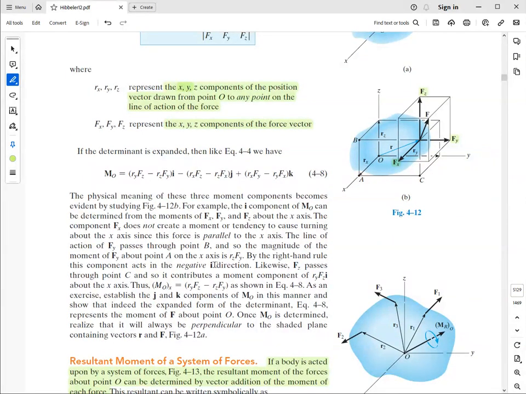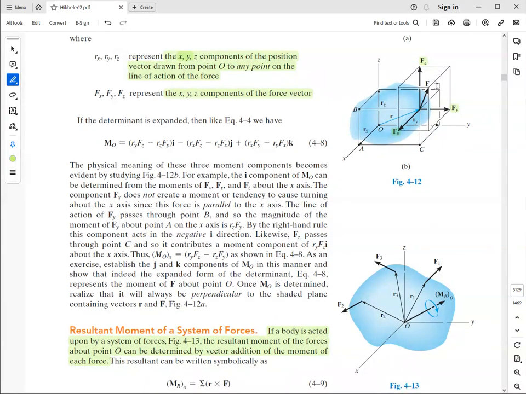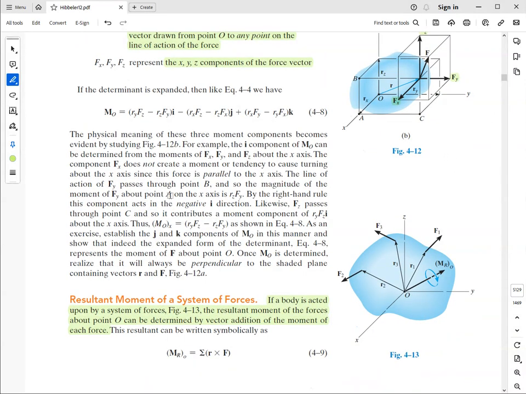Okay, so the idea here is that instead of having this single force, you can work with three of them. So you substitute the original force vector with its Fx, Fy, and Fz components, and since R is common to the three components, they share a tail.